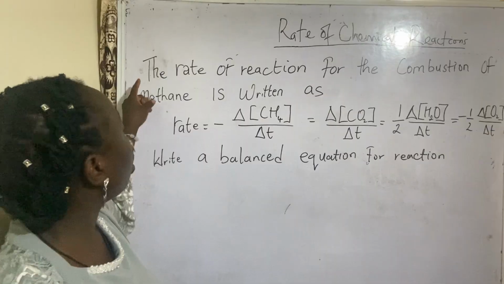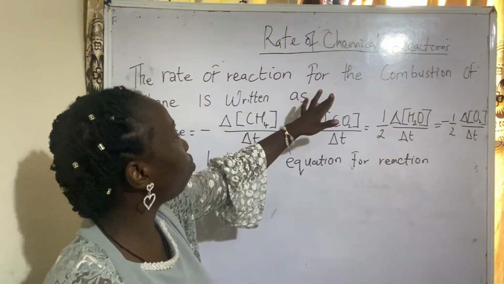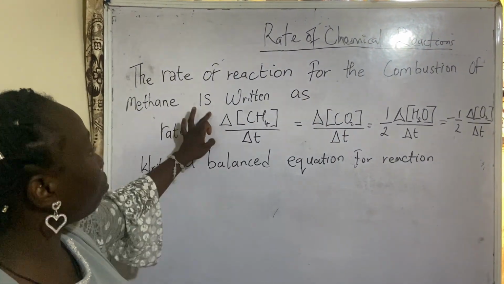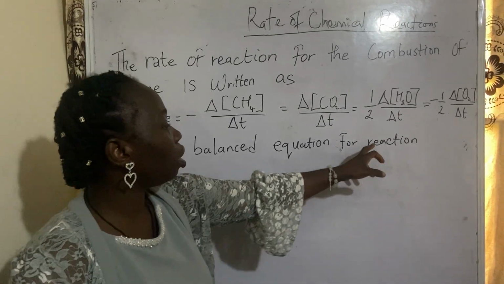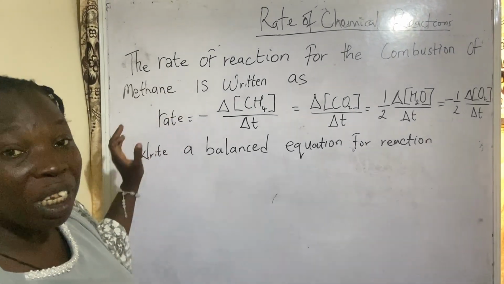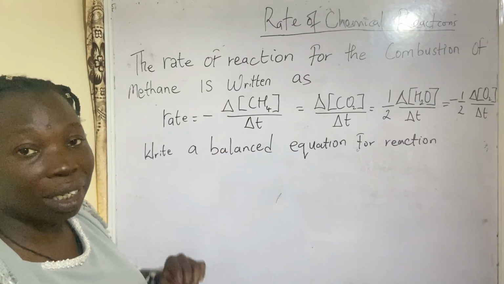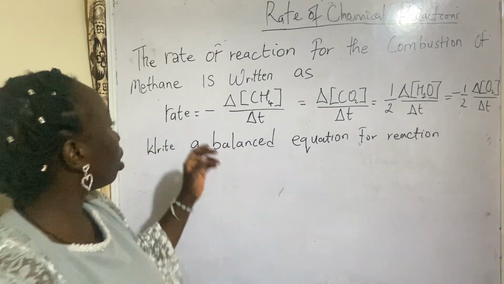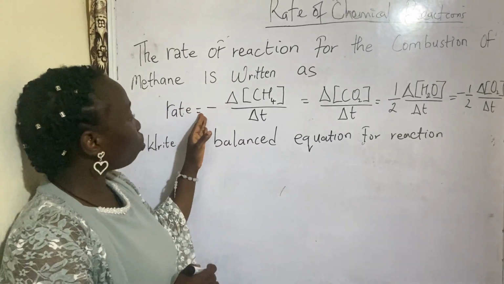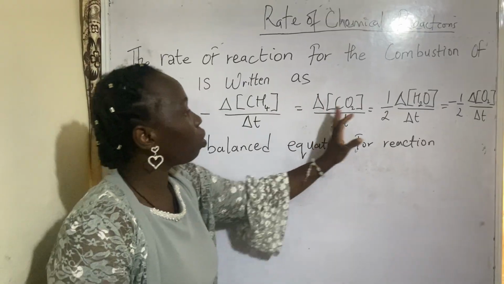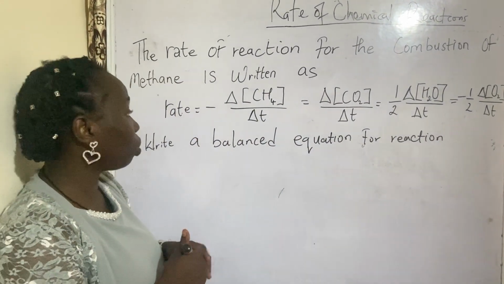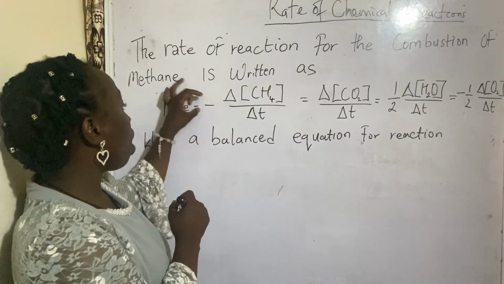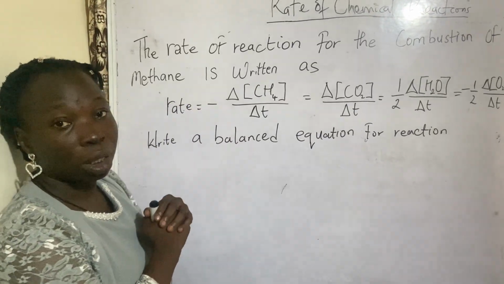The second question is the rate of reaction for the combustion of methane is written as this. Write a balanced equation for the reaction. So meaning we should use this rate to write a reaction. And how do you do that? You see, rate is equals to this equal to this equal to this. So if you look at it from the beginning when we talked about rate of expression, you see that where we are putting minus is what?